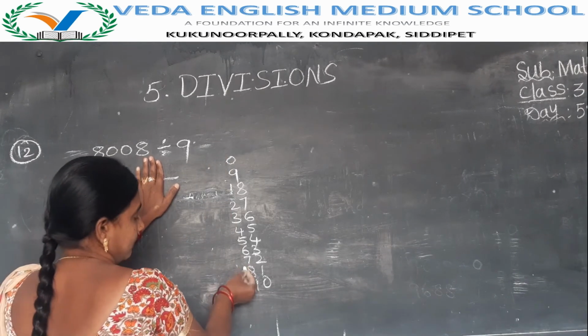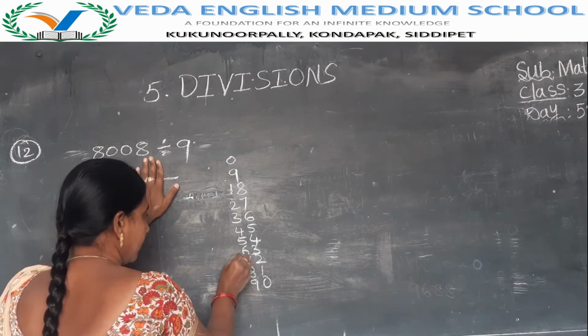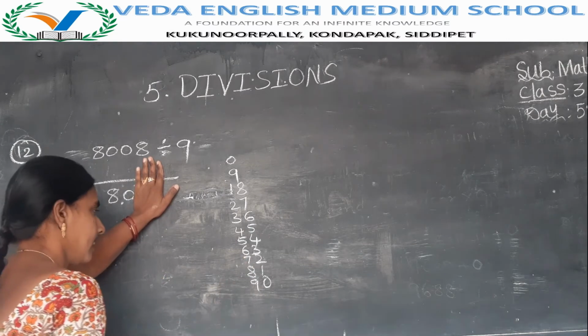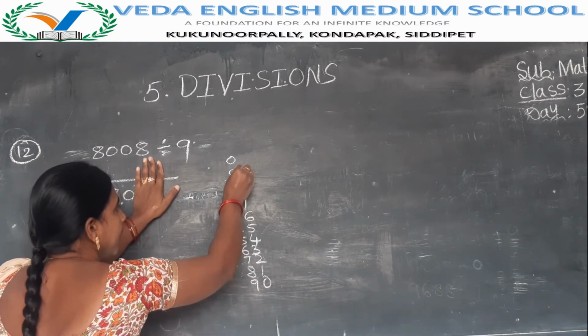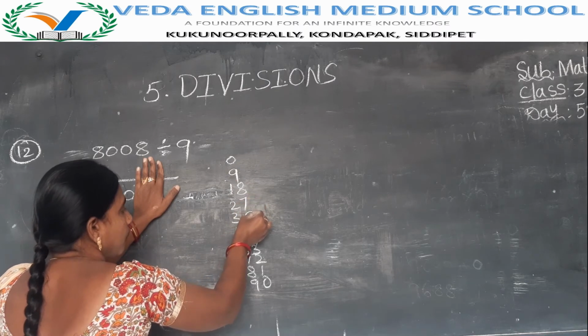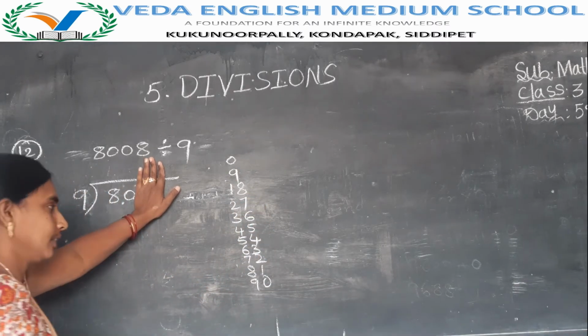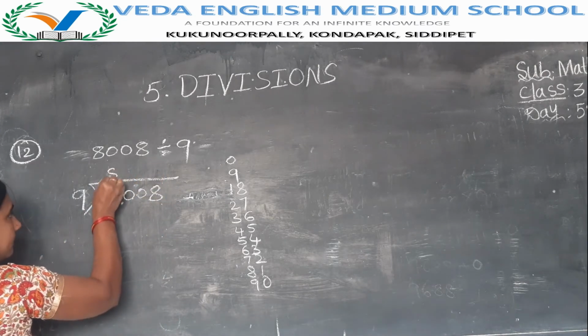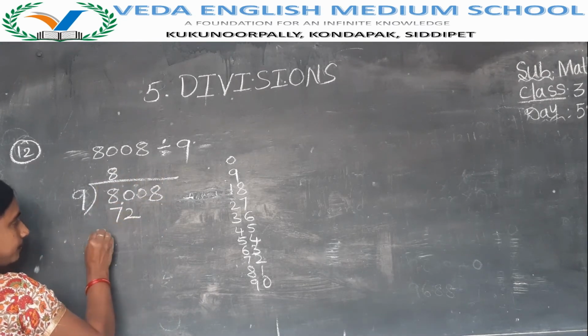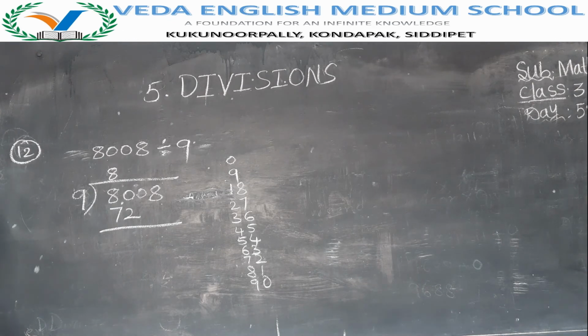See, 72 and 81. So now take only 72. How many times 9 is 72? 1, 2, 3, 4, 5, 6, 7, 8. 8 times 9 is 72. 9 eights are 72.